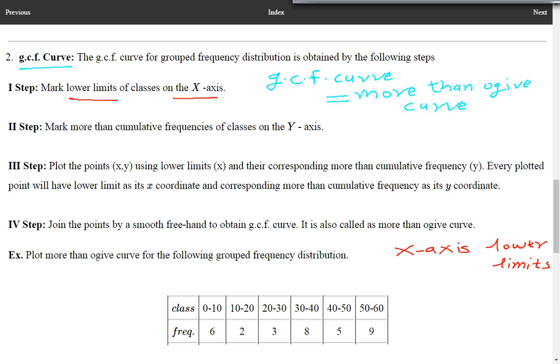And on the y-axis, we have to plot more than cumulative frequencies, that is GCF, greater than cumulative frequencies. Corresponding points are joined by a freehand curve to obtain the GCF curve.